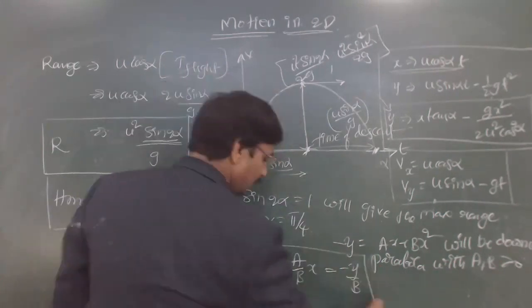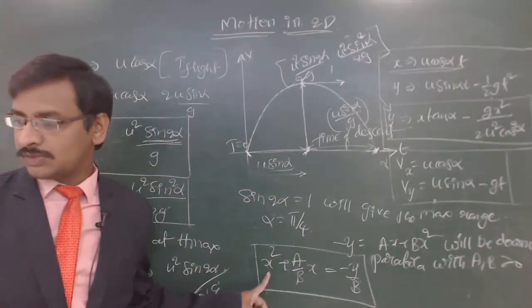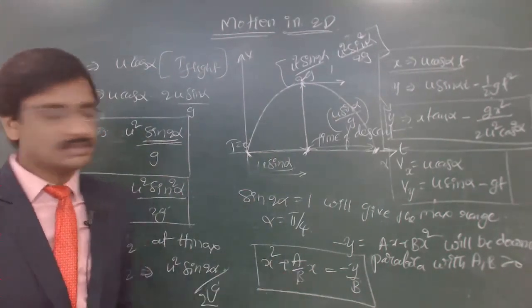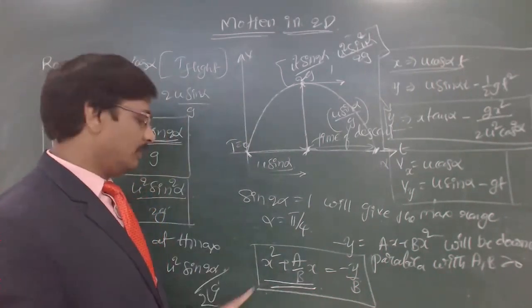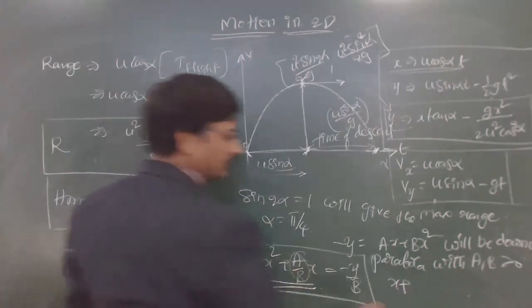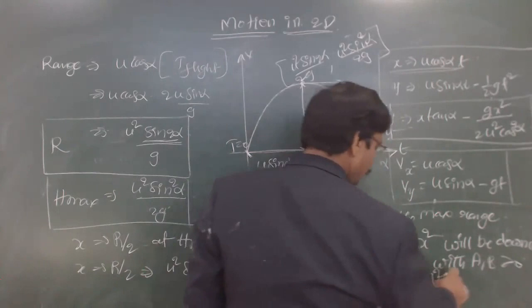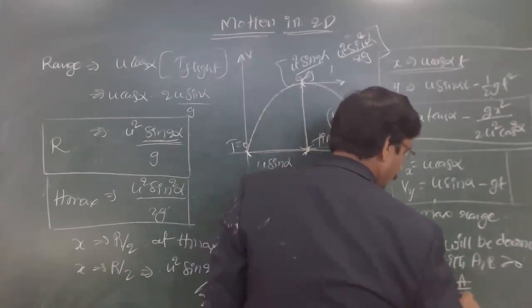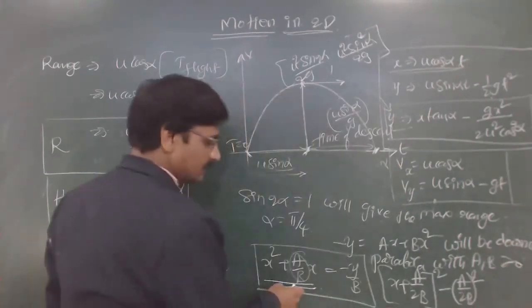Now if an equation is in this particular format, x square plus a by b times x, then this can be expressed in the x plus h format. So x plus half of this value, that is a by 2b, whole square, minus a by 2b whole square. So this equation is equivalent to that one.